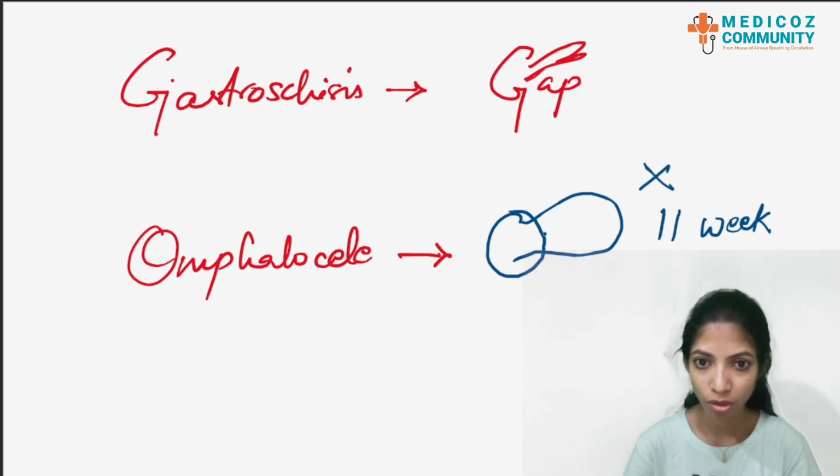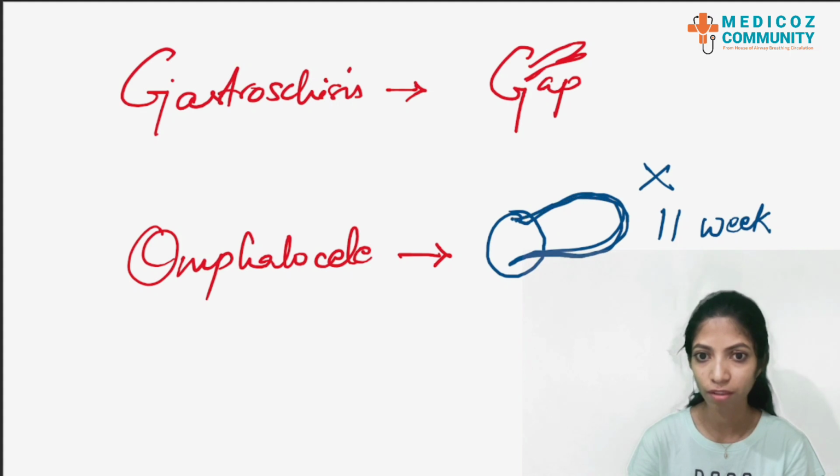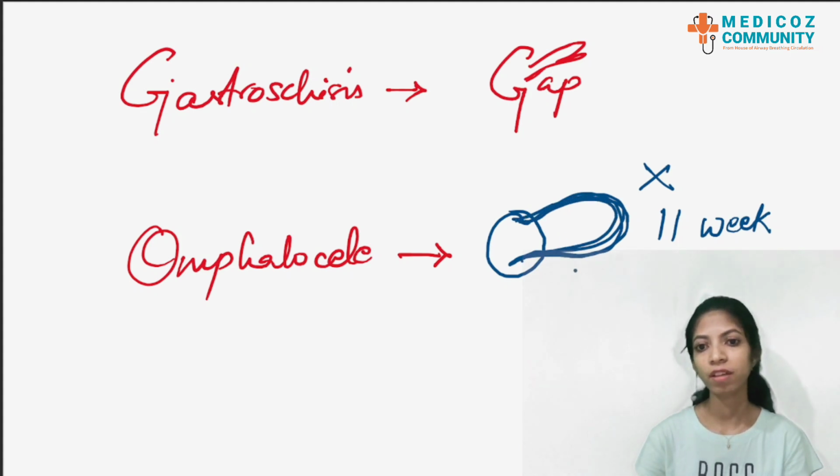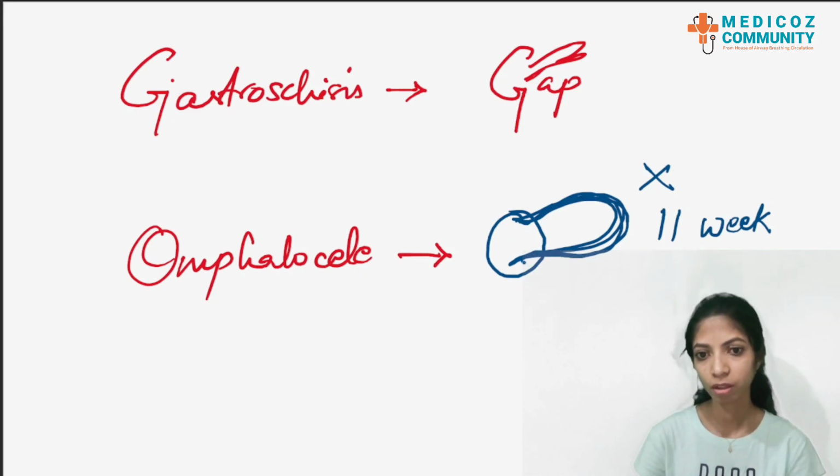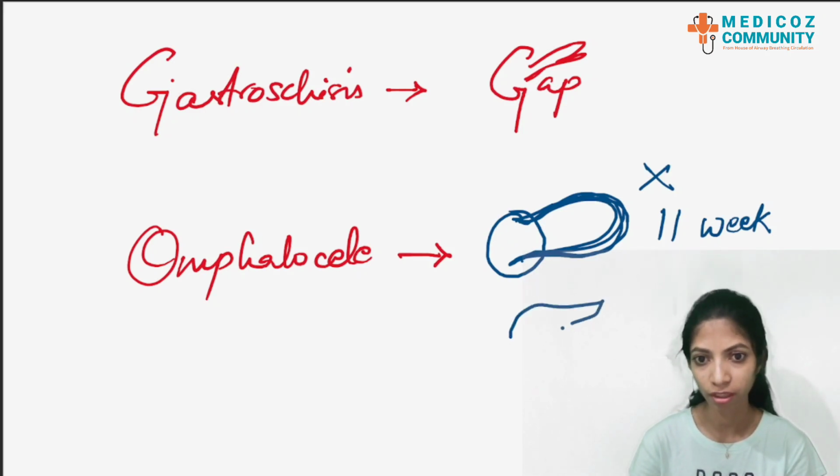As it is coming out, you have a sac-like covering. It is a physiological thing, right? So you have this covering. And what is the sac made up of? When an organ, for suppose liver or intestine, is coming, it has the visceral peritoneum, right?